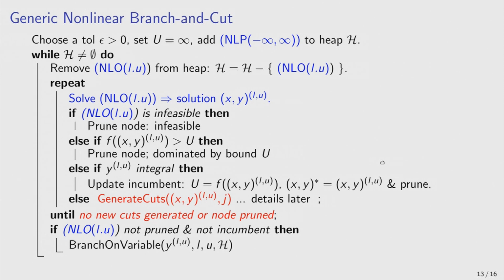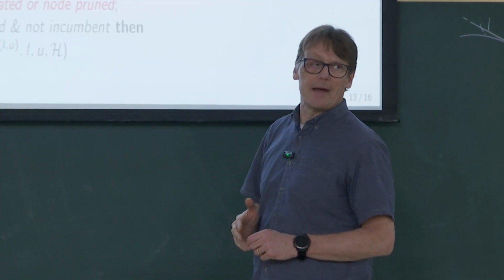Otherwise, I'm going to compare it to my upper bound. So if it's larger than my upper bound, then I know I cannot find a solution. The upper bound is going to collect the best solution that I've found so far. So if it's larger than the upper bound, then I'm not going to find a better solution there.